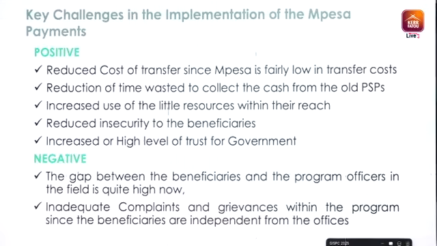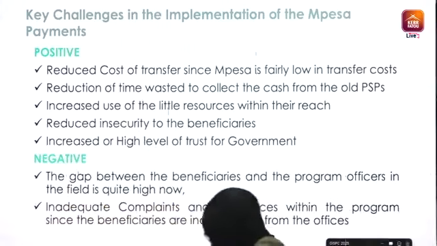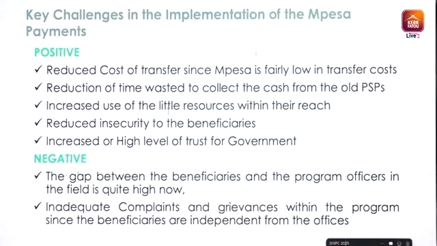What are the advantages, or what are the key challenges that we got? Number one, reduced costs of transfer on the M-Pesa. As I said, we are using the platform of M-Pesa, and of course, e-Citizen is a government platform, so there's no charge.